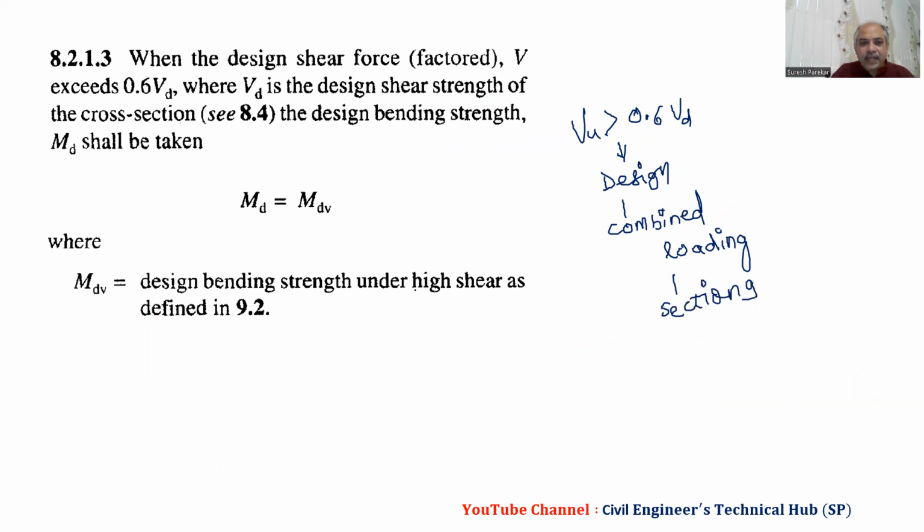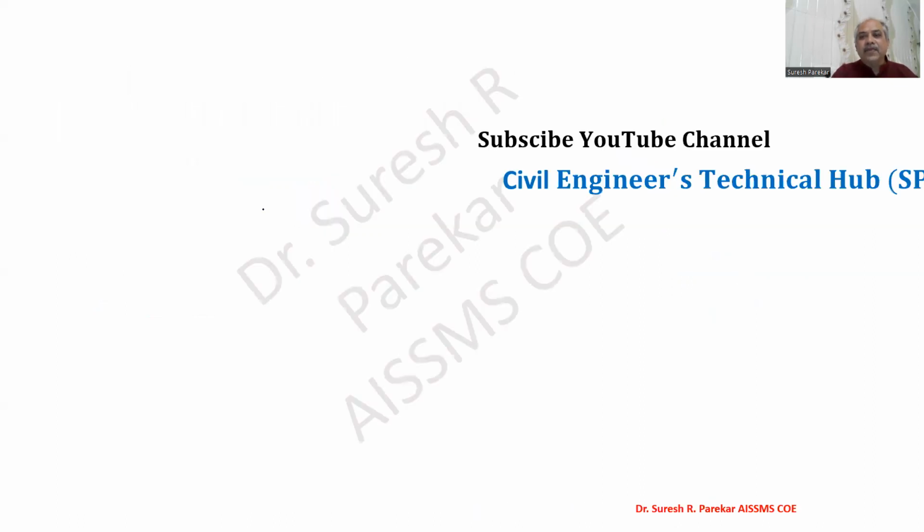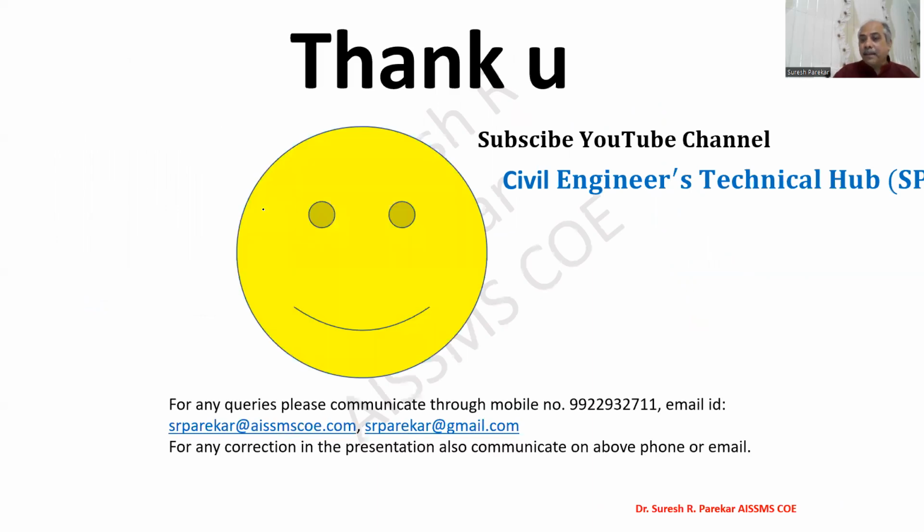From Section 9 you can see MDV is defined in 9.2, because Section 9 is for combined loading, and from there we have to find the value of MDV, which will be considered as the design bending strength. That design bending strength is not for a pure flexural member; it is for the combined effect.